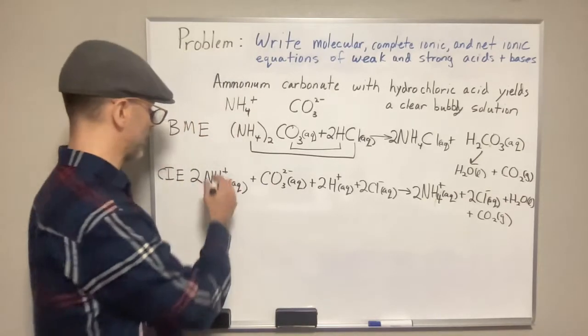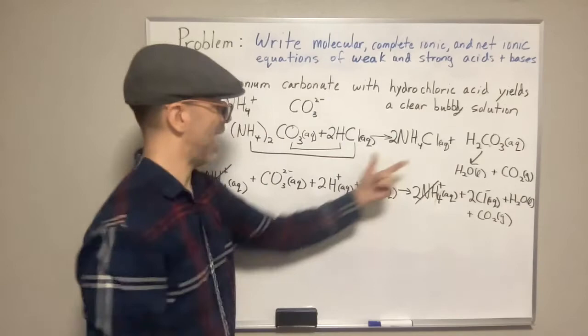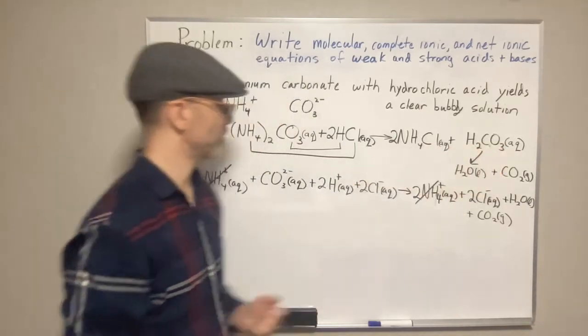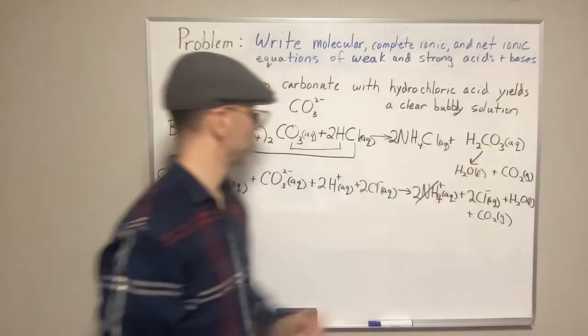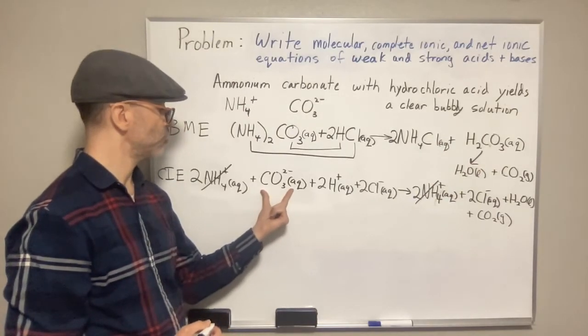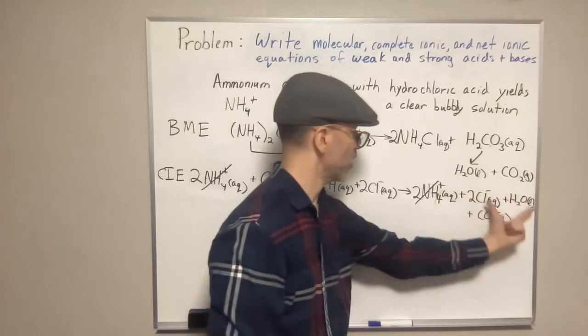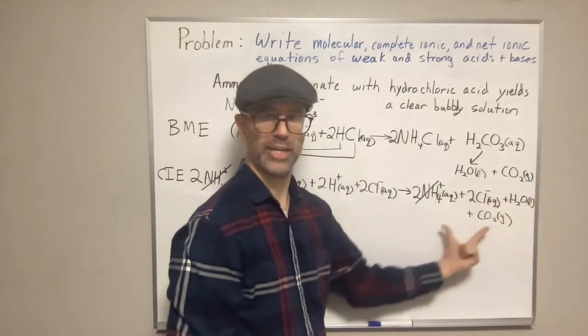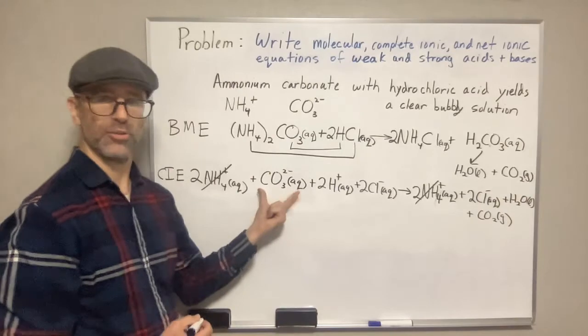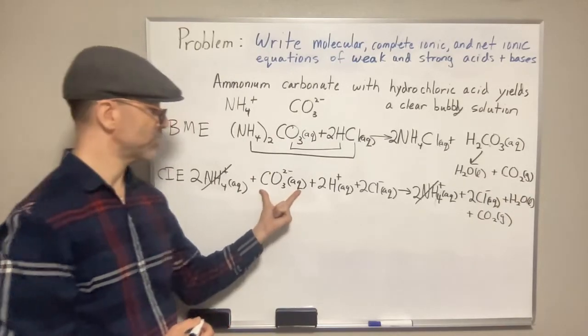That would be a spectator ion. And also we see that it's not part of this product here. The carbonate ion, CO3 2 minus aqueous. And notice that we don't have it over here. So there's a change there. So that is a player. That is not a spectator ion. That's part of the reaction.